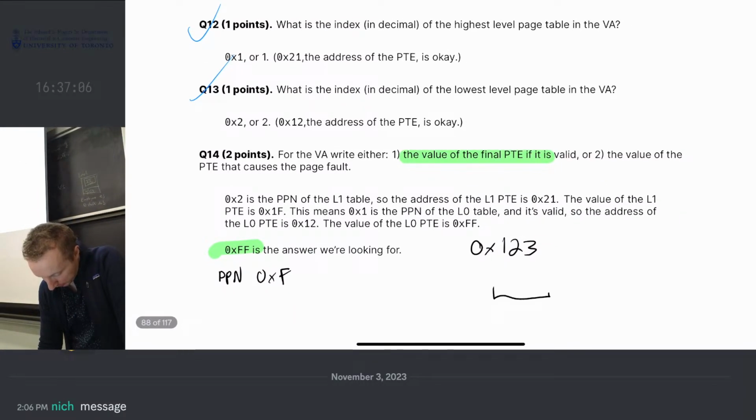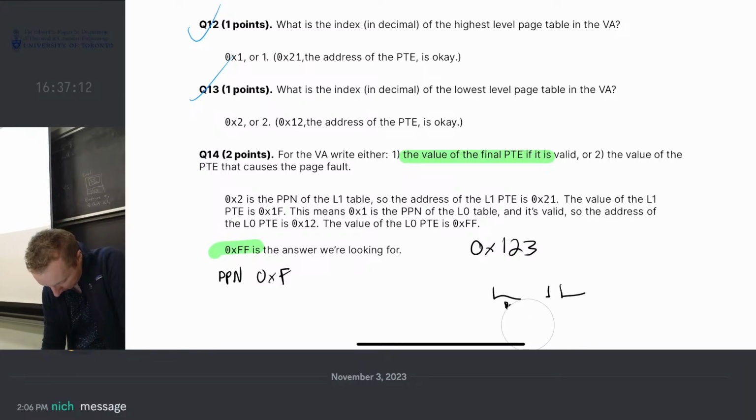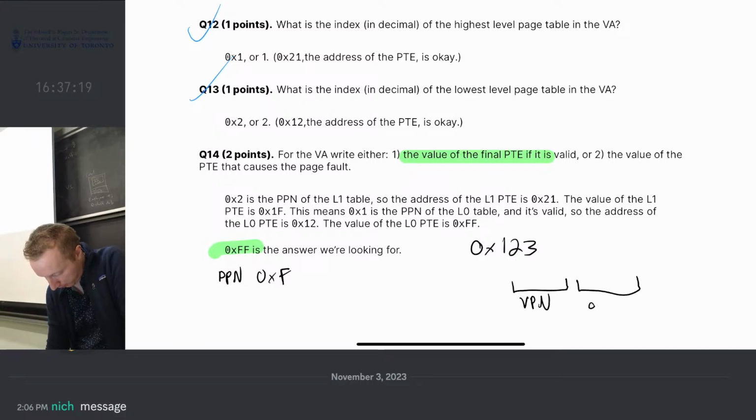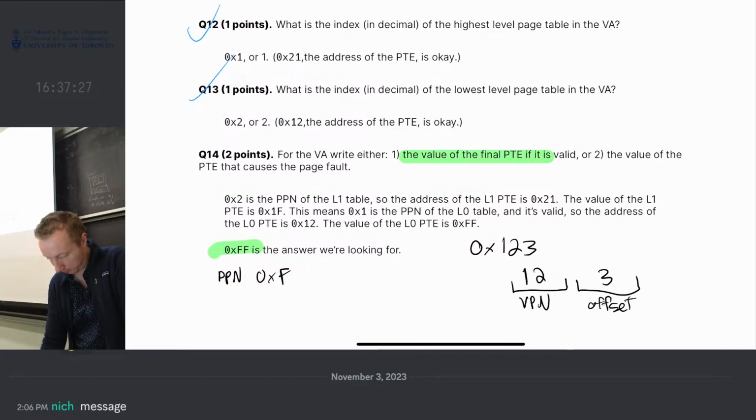Because remember, essentially what we're doing all the time, no matter how many levels of page tables we have, is we take the address and divide it into the virtual page number and an offset. In this case, our virtual page number was 1, 2, and our offset was 3.